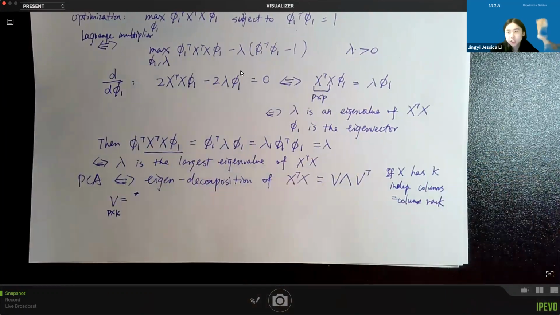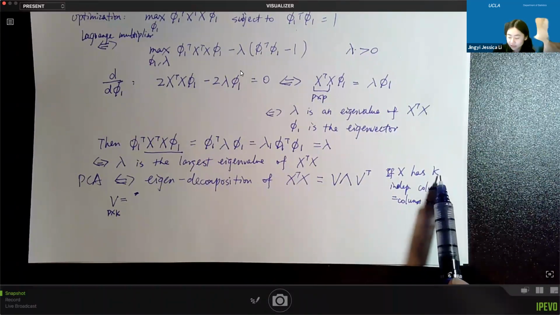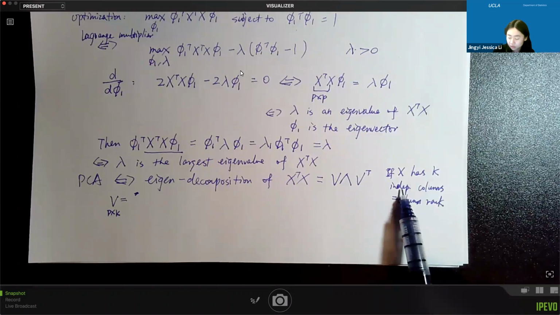So if all the P columns are linearly independent, which means that I can now take any column and write it as a linear function of the remaining P minus 1 columns. If I cannot do that, I say all the P columns are linearly independent, then the column rank is equal to P. So I can say the matrix X has full column rank. But here I'm just assuming this has K independent ranks.